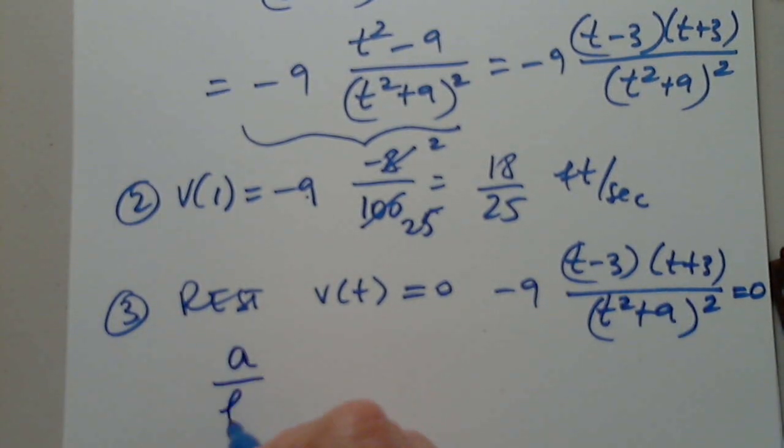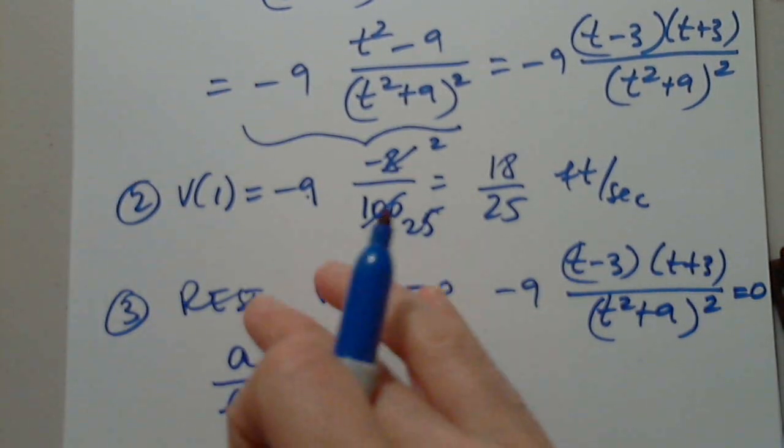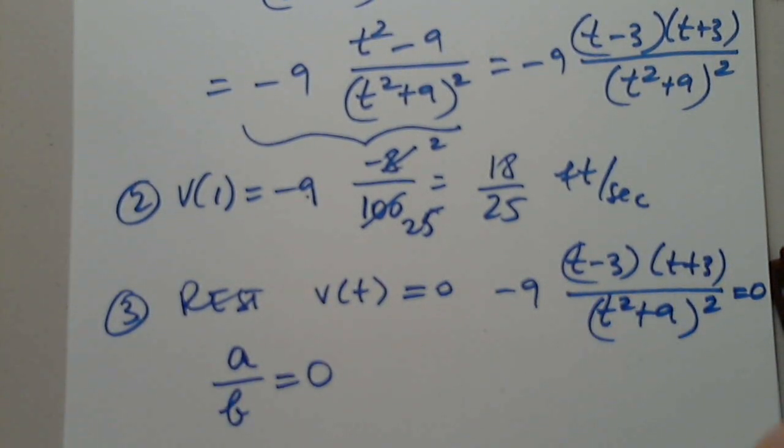When is a over b 0? For a over b to be 0, something must happen. What? Anyone, please? When is a over b 0? When the numerator is 0.